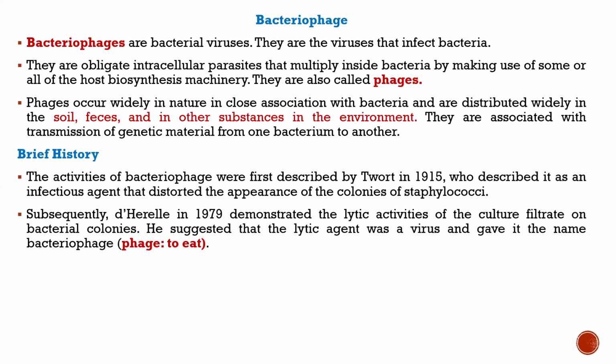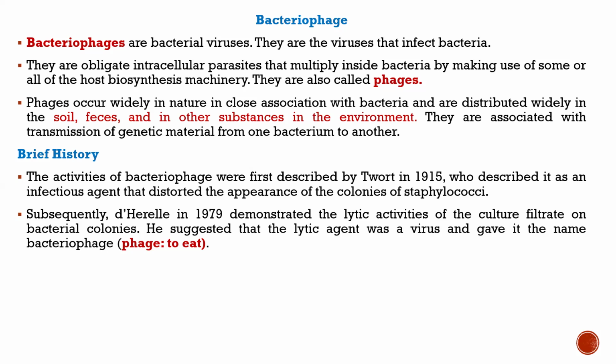All right. So just like bacteria attack humans, there are also some viruses that attack bacteria, and that's what we call the bacteriophage. Okay. So they occur widely in nature in close association with bacteria, and they are distributed widely in the soil, feces, and in other substances in the environment. So they're associated with transmission of genetic material from one bacterium to another.